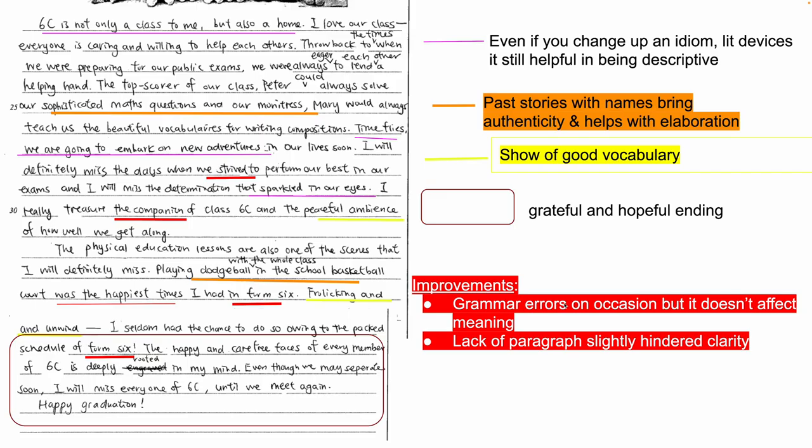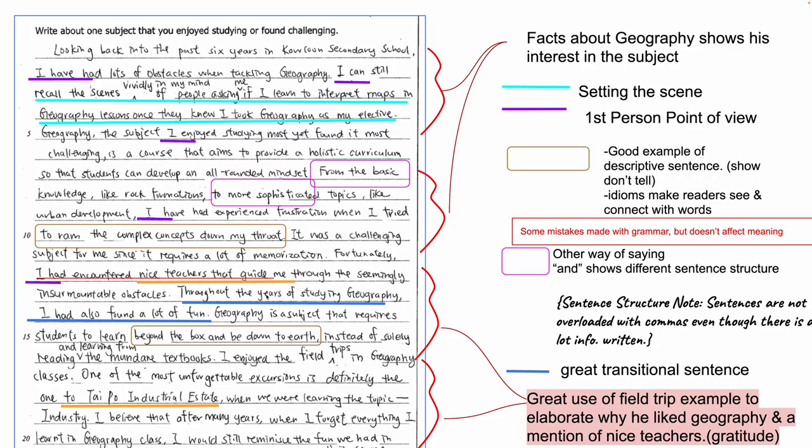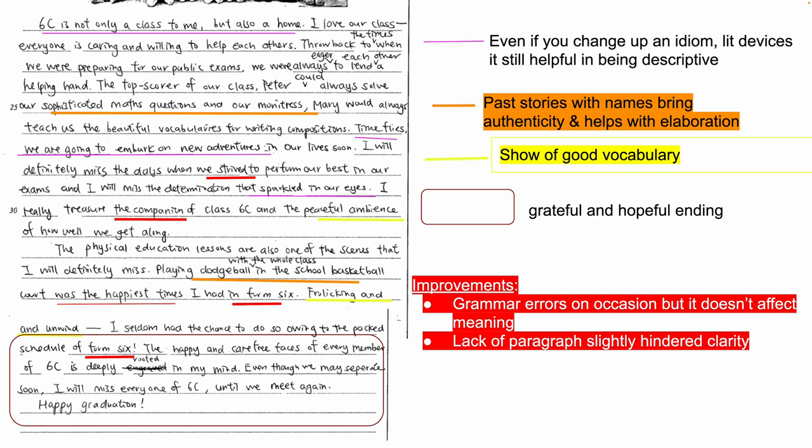But it doesn't really hinder or affect the overall meaning and flow. Also, there was a lack of paragraphs, and for me, it's a bit of a pet peeve. Here, there's one paragraph, 2 paragraphs, 3, and the other one, there really isn't any. And maybe this person was thinking, oh man, I'm running out of space. I really need just to write. But hey, it's not perfect, but it still scored a level 5, okay?